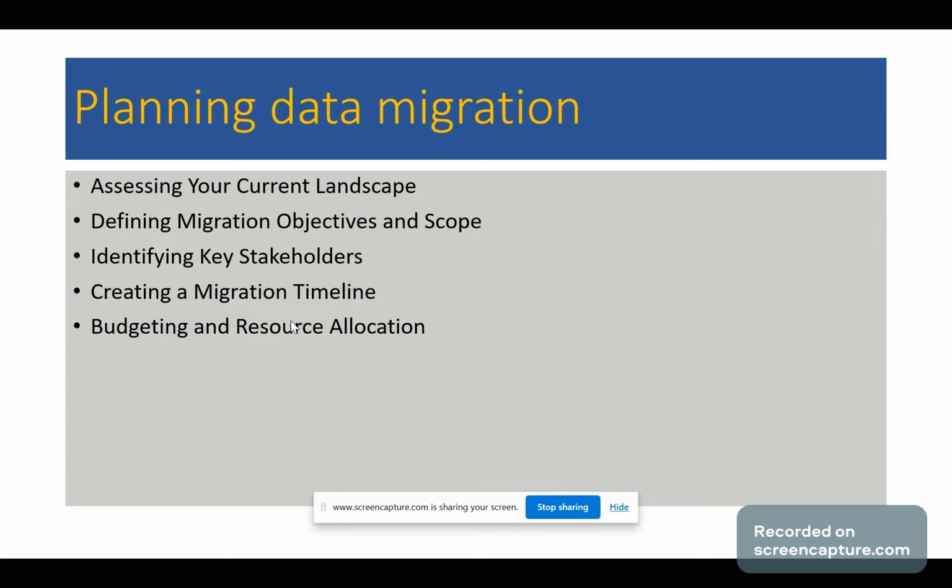And the next one is creating the migration timeline. We need to specify the timeline for this, right? When the project is going to start and when it is going to end, that time limit should be set here. Based on that only, we can plan our activities.